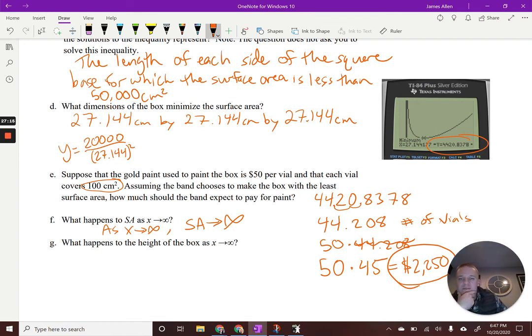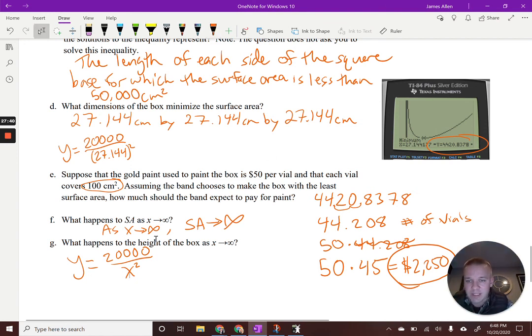And the last one. What happens to the height of the box as x approaches infinity? Well, remember we have that height equation. Y equals, what was it, 20,000 over x squared. So as x gets infinitely large, we have a horizontal asymptote of y equals 0, so it's going to be approaching 0, right?